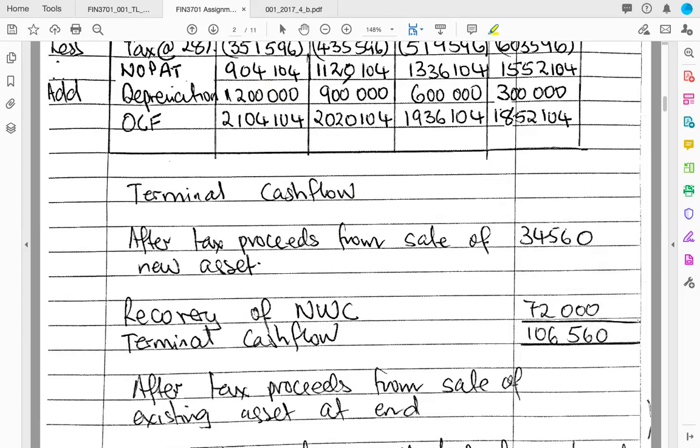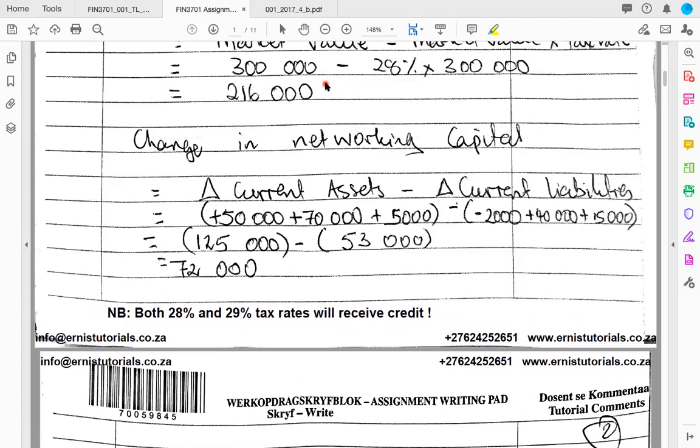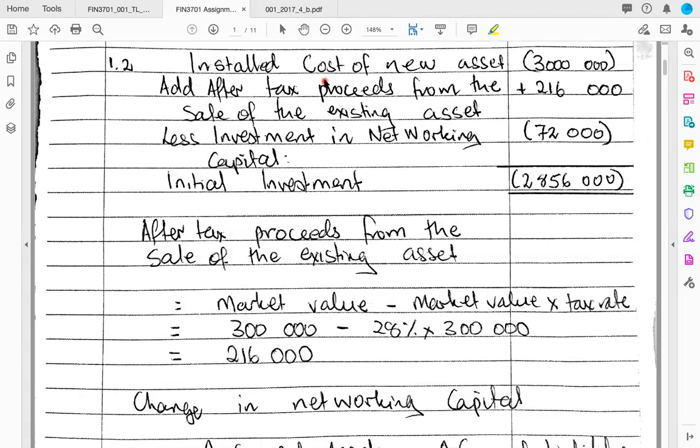Please note, let's say that right here, assume that at the beginning, the change in net working capital was actually negative, right? And remember, we said if the change in net working capital was negative, that would mean that money came in. We wouldn't have put a negative here. Rather, we would have put this as a positive, the 72,000, right?